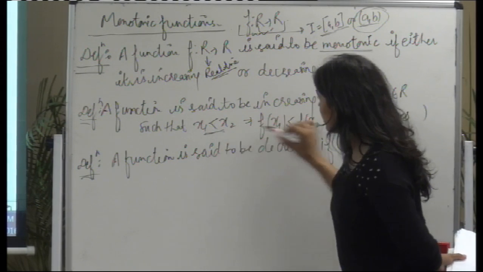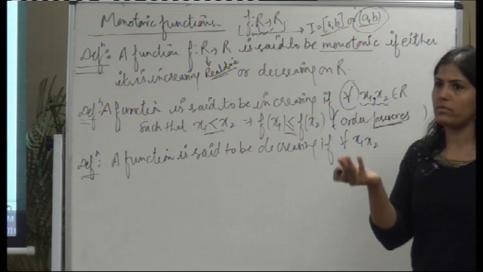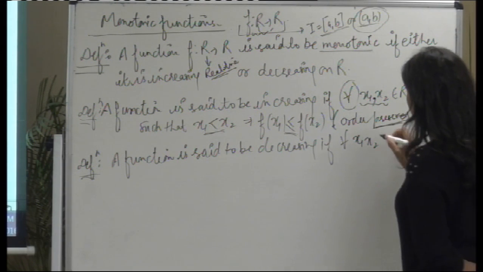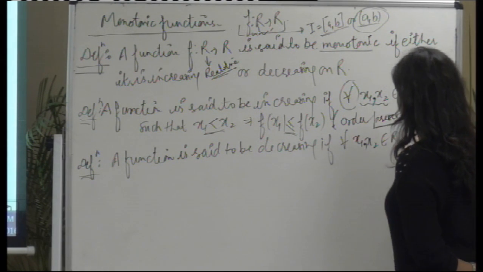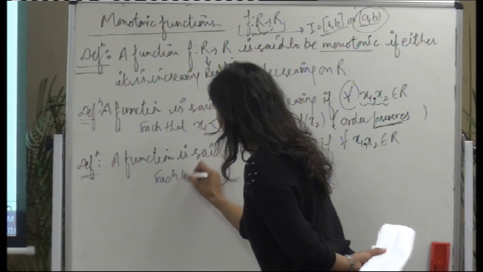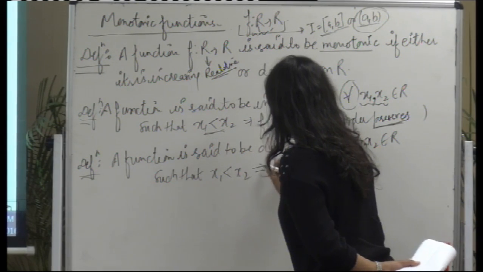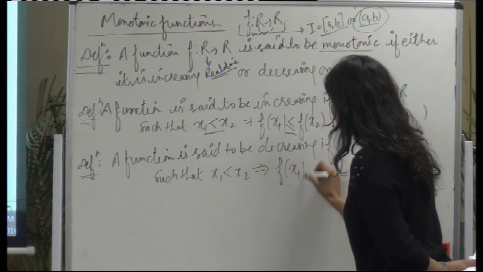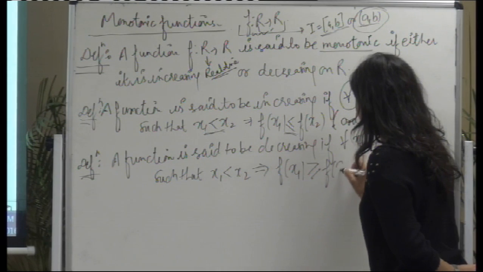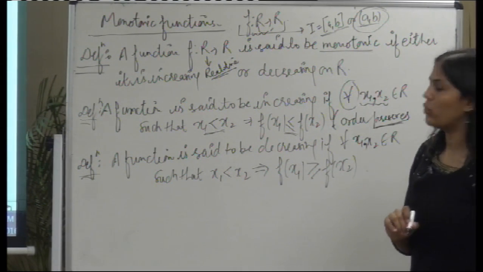This is less than, here also less than or equal to. So increasing functions preserve the order, and decreasing functions reverse the order. So for all x1, x2 belonging to R such that x1 is less than x2, this implies f of x1 is greater than or equal to f of x2. Is it fine?